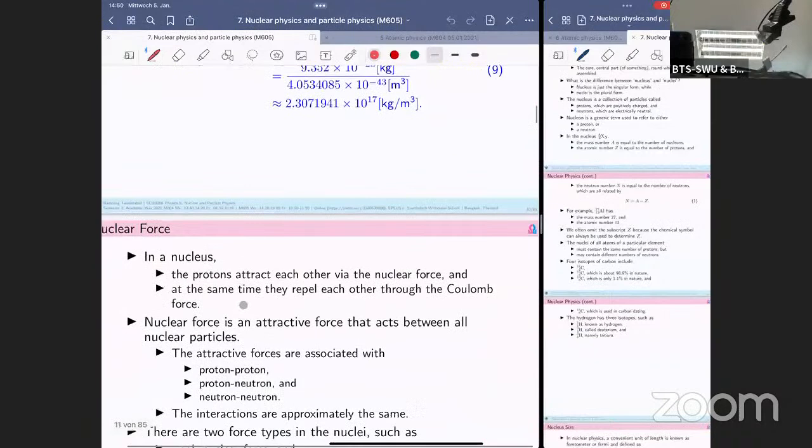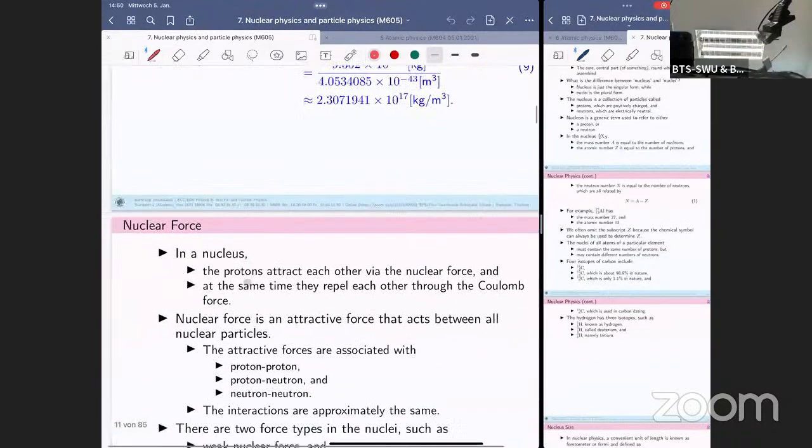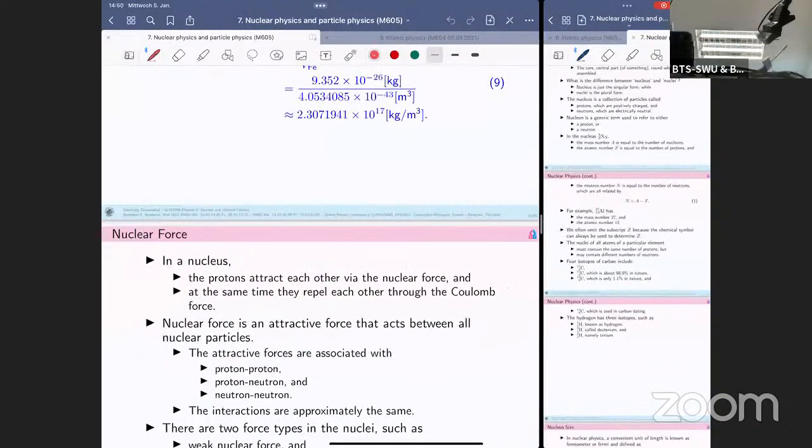Okay. In a nucleus, now we arrive at the topic of nuclear force. What is the nuclear force? Nuclear force is something that appears inside the nucleus. In the nucleus, the protons attract each other via the nuclear force, and at the same time, they repel each other because they are protons.